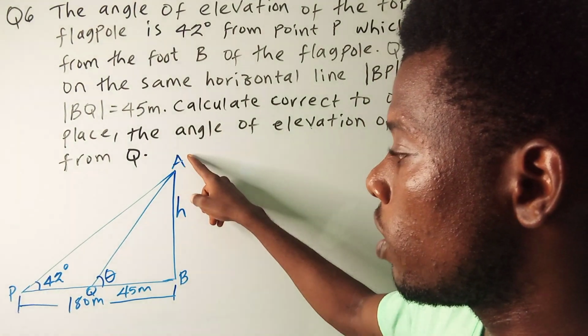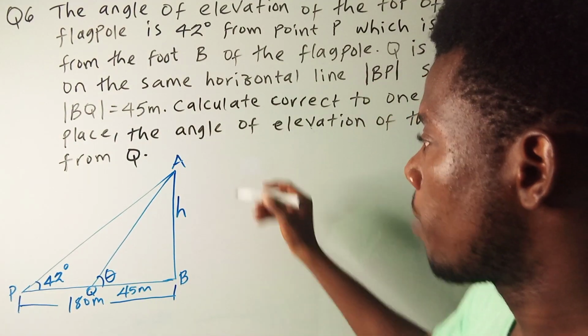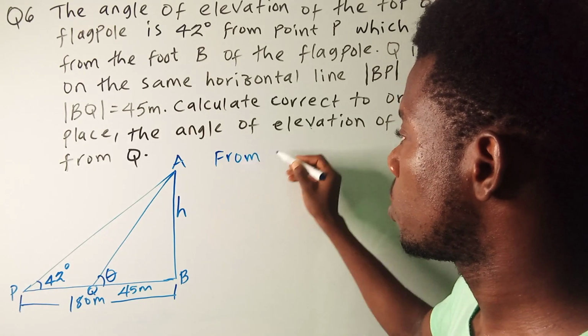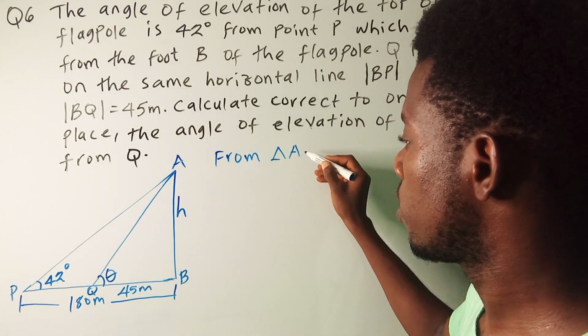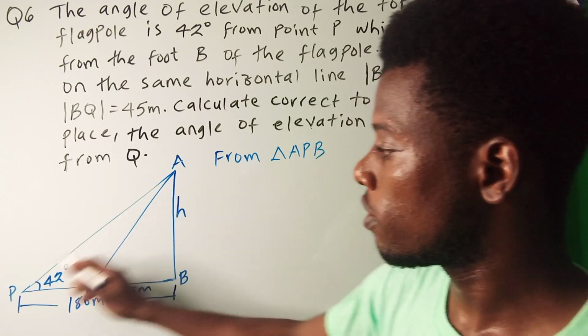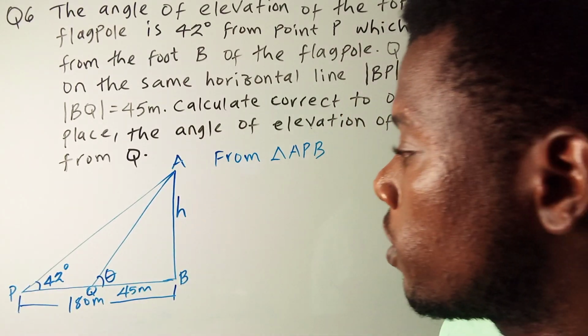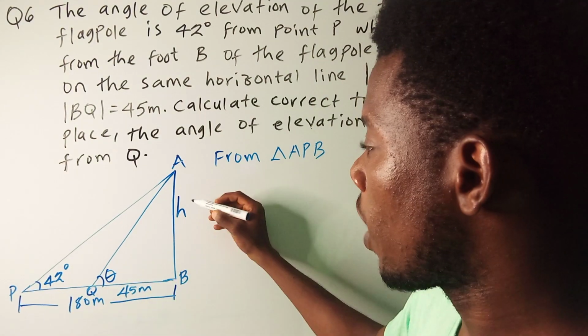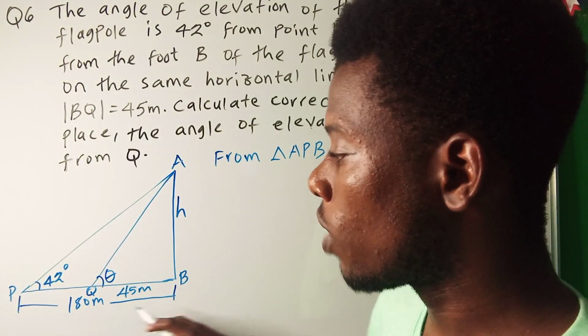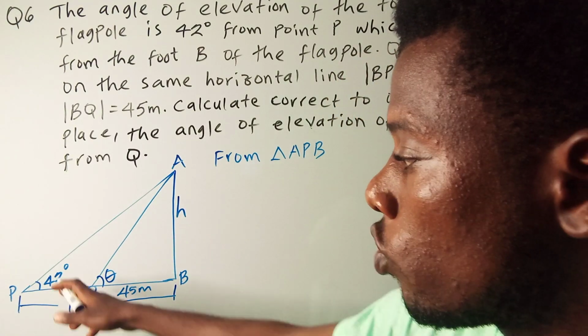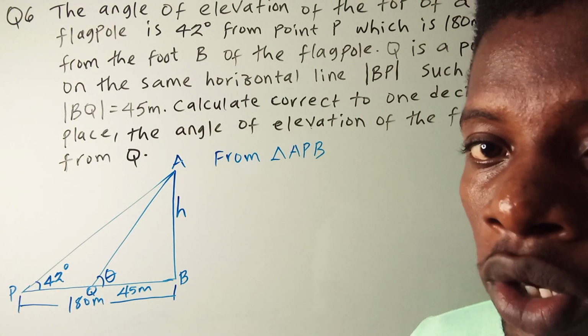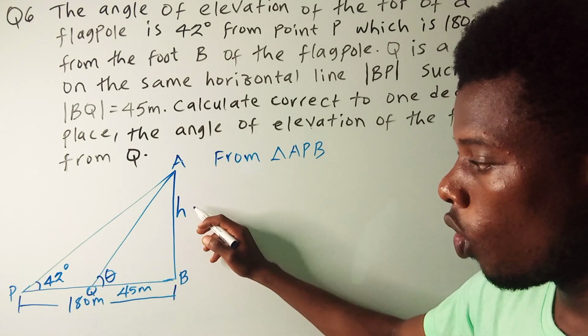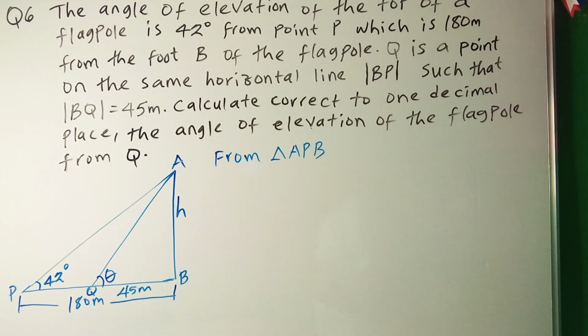Because there are two triangles here, triangle APB and triangle AQB, from triangle APB, this larger triangle, this angle is 42 degrees, and I have the height, which is H, and I also have the adjacent side to 42. According to trigonometry, opposite over adjacent is tangent. So I'm going to use the tangent function to find H, because I already know the adjacent.